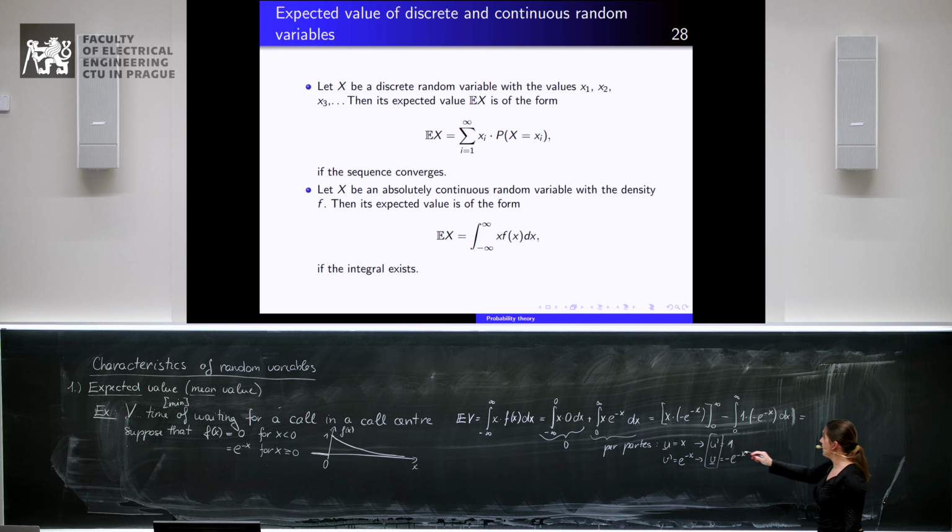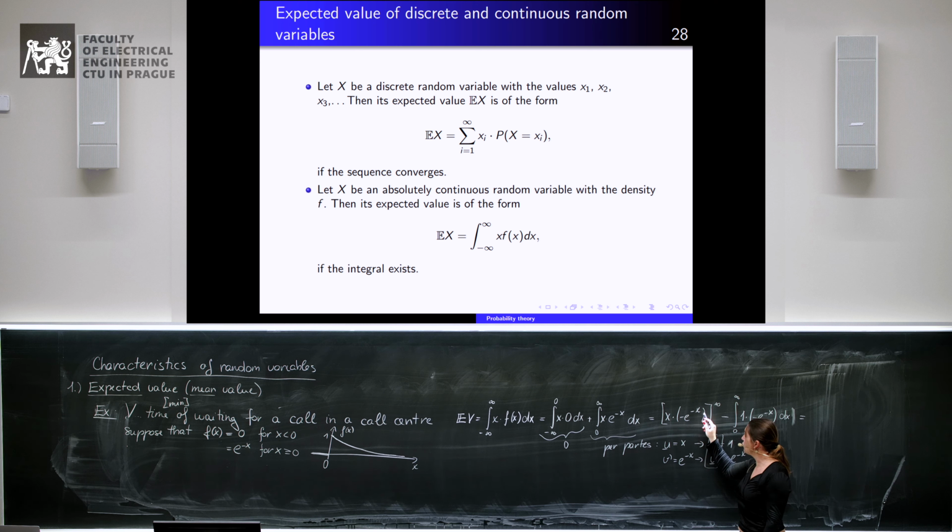Now, what happens? When we calculate this term, we use the upper boundary, plus infinity. The limit of the function x times e powered by minus x is equal to 0 in the infinity. Why? Because, I said it just briefly, the exponential function is much stronger than a polynomial function.